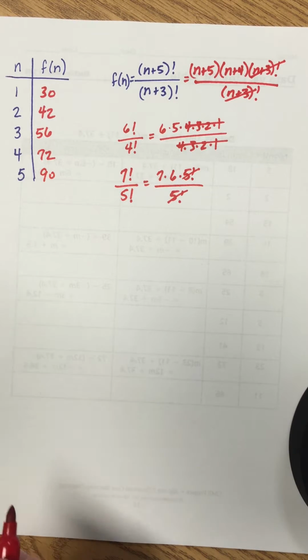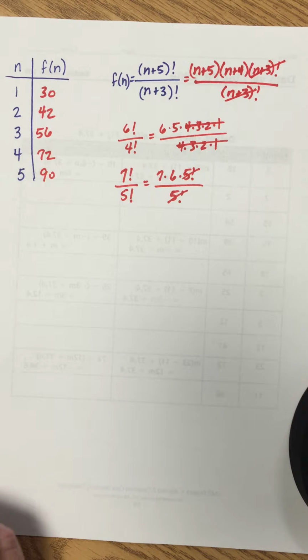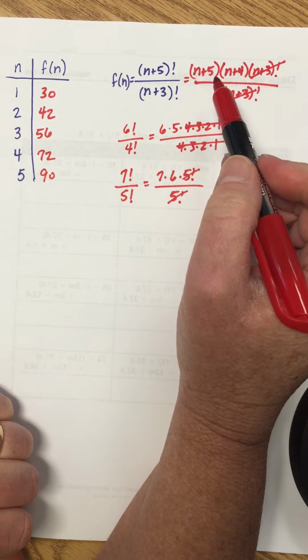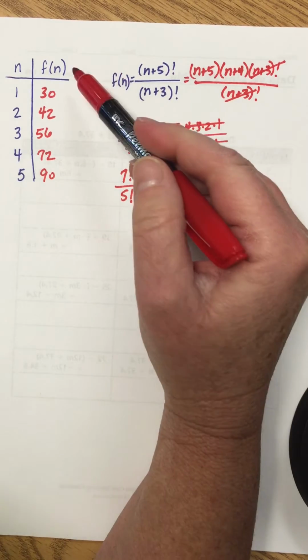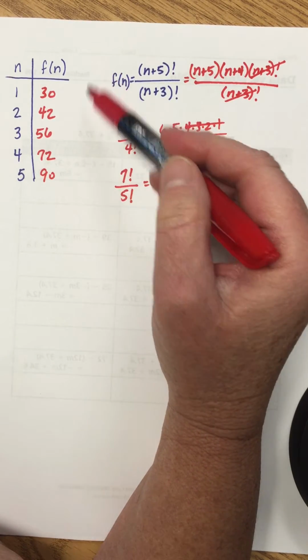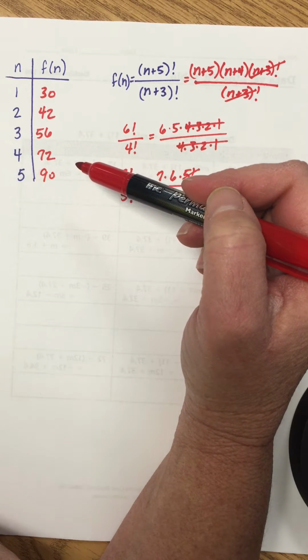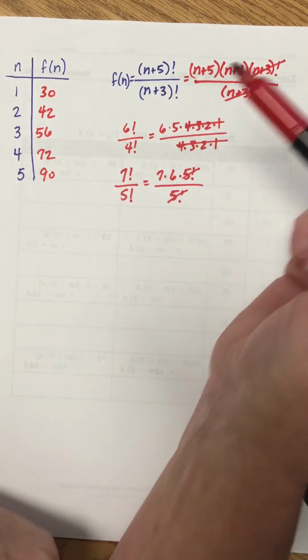Now the next part of the problem that we had said to write the closed form and the recursive form for this table once you developed it. We have already talked about what happens when you have first differences that are constant and second differences that are constant. If you have second differences that are constant, you know you have a quadratic.